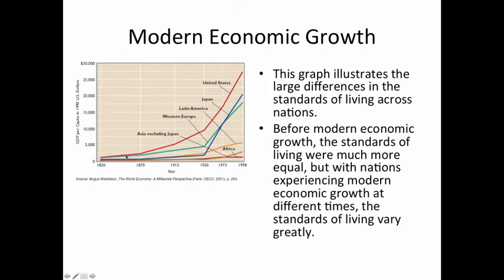But as we move forward in time and nations experienced modern economic growth at different times, and therefore at different rates, we can see principally the red line here, the United States' GDP per capita rising quicker than other parts of the world. And so Japan has followed a similar trend, although below that of the United States, as has Western Europe. You can see the bottom here, Africa has really stayed, their standards of living have stayed quite consistent over that 200-year period.